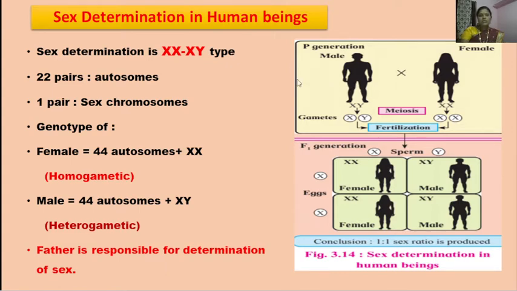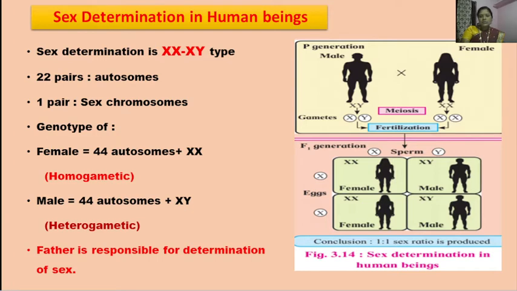Now see this diagram, where we have a male and female body. After meiosis and fertilization, male is represented as XY and female as XX.